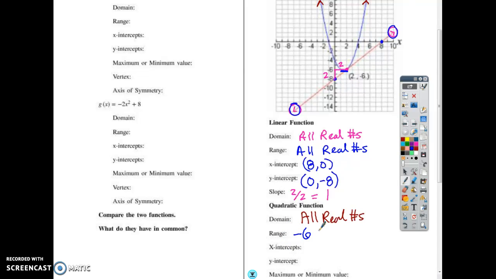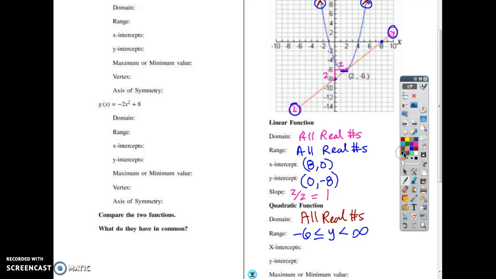Does it equal negative 6? Does it touch negative 6 right here? It's at negative 6, right? That means it touches it, so it has to have a line underneath. Then what's the highest number that it goes up to? Infinity. Don't tell me it's 8 or 10. Okay? This is going to keep going up and up forever and ever. So that's infinity.